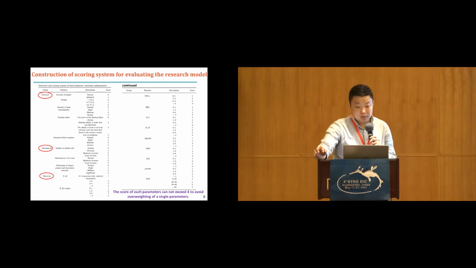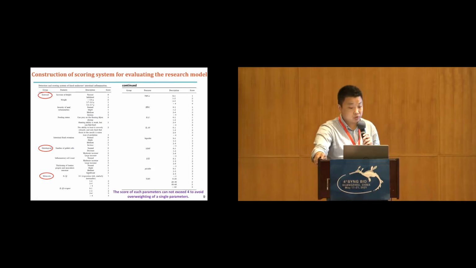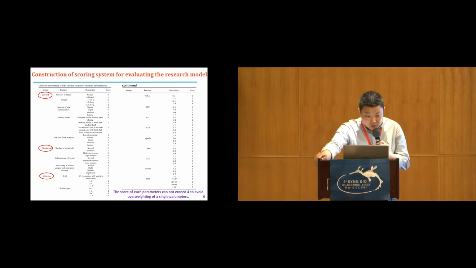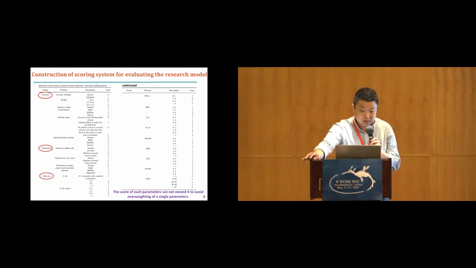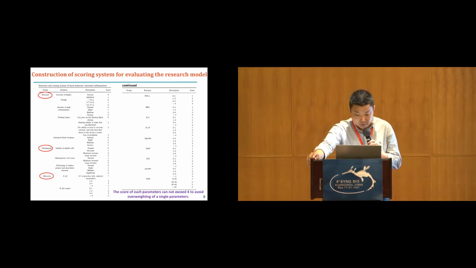After we built a research model, we wanted to evaluate it. So we began to construct a scoring system for evaluating the model. We first selected 44 external, histological and molecular parameters, and finally found 19 of them useful.